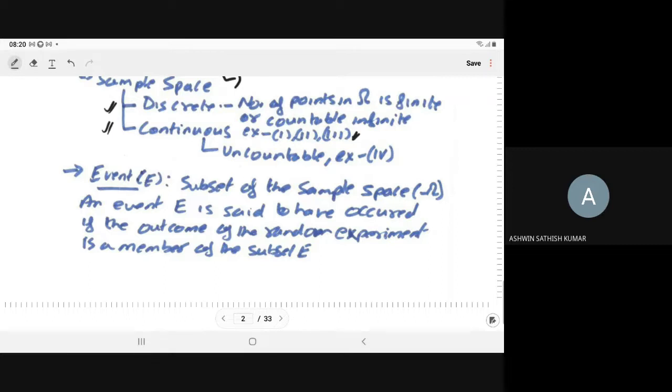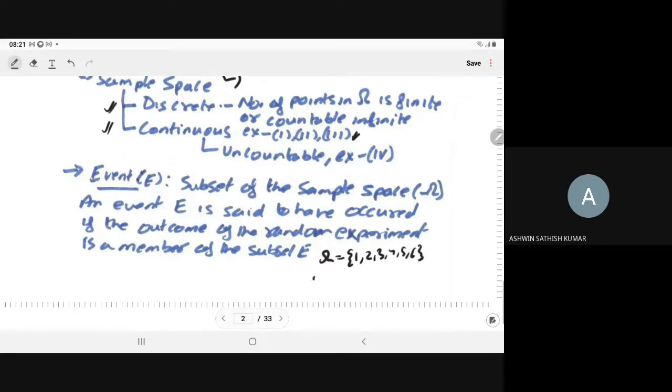Then we come to the event. Any subset E of the sample space omega is known as an event. An event E is said to have occurred if the outcome of the random experiment is a member of the subset E. For example, when we are rolling a die, the sample space is 1, 2, 3, 4, 5, and 6.